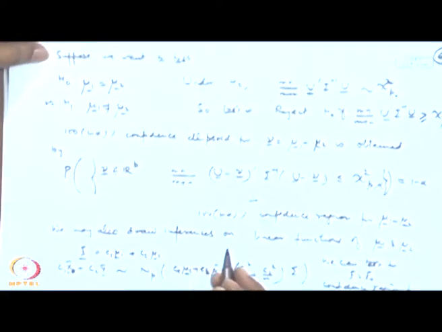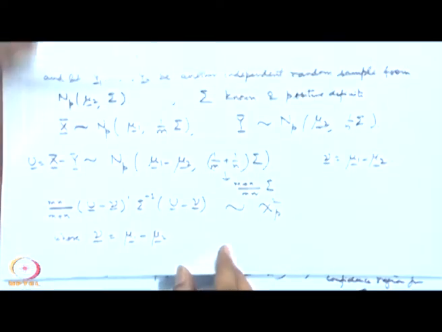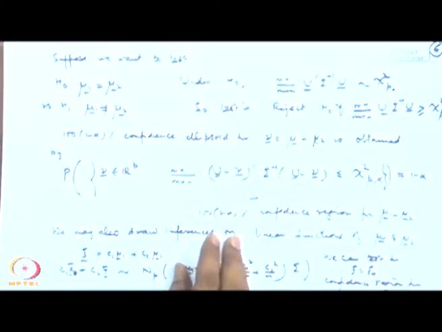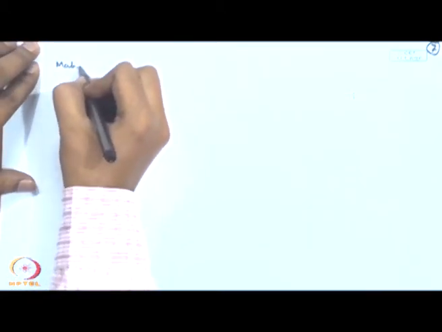Actually, this idea of making use of x bar minus mu, this term, the initial ideas are hidden in the Mahalanobis D square statistic. So, let me just mention that thing.